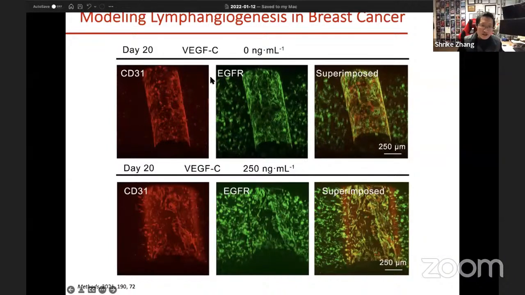Without any VEGF-C, which is a receptor for these lymphatic endothelial cells, there's very little sprouting of these endothelial cells. But with a higher concentration of the VEGF-C, you can now induce much better sprouting of these lymphatic endothelial cells from the original channel into the surrounding matrix, and then induce the interactions with surrounding breast cancer cells.